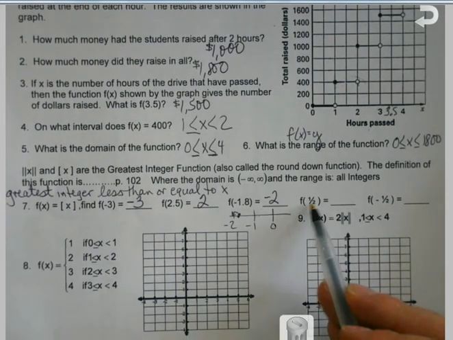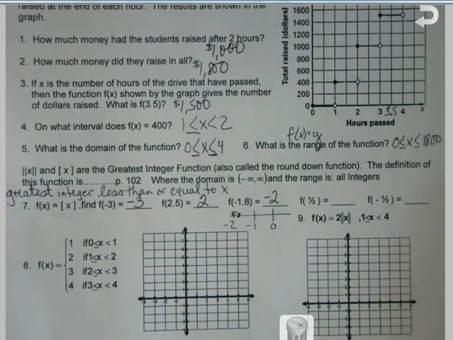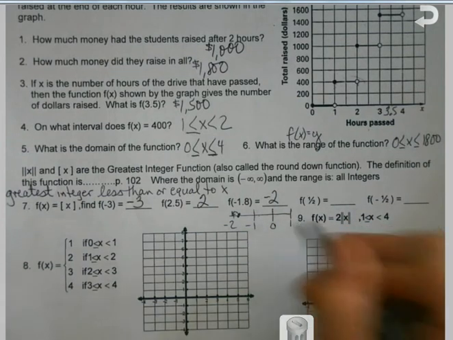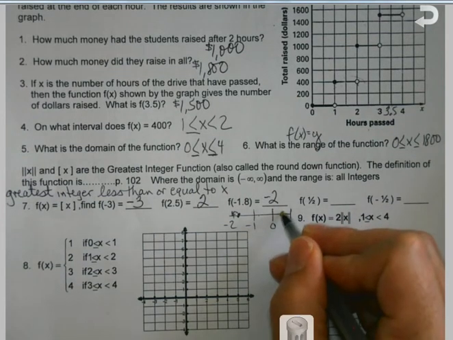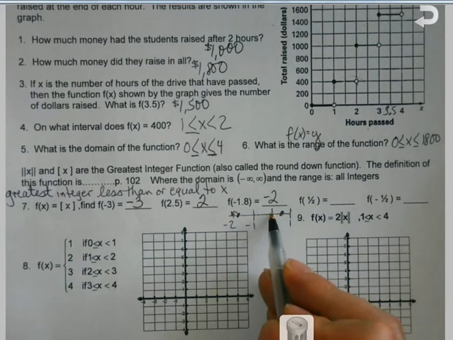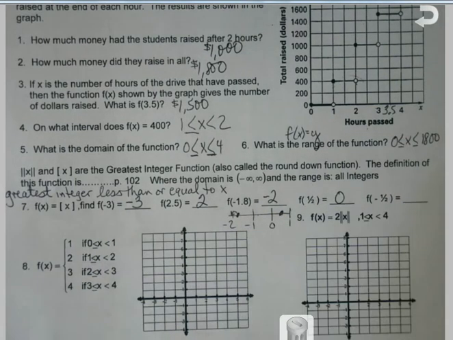Because we always think of that like rounding up, but it's not when we're in the negatives. What about f of 1/2? 0, because again, if we're at 1/2, we go to the value to the left that's closest, if we were looking at a number line. Which makes the next one a little more interesting.